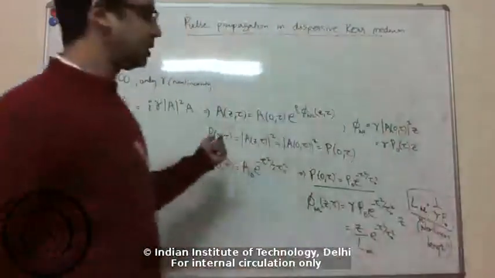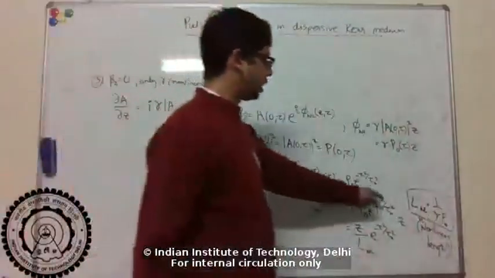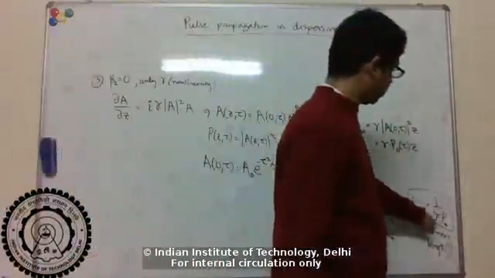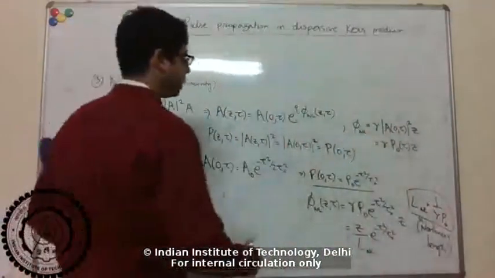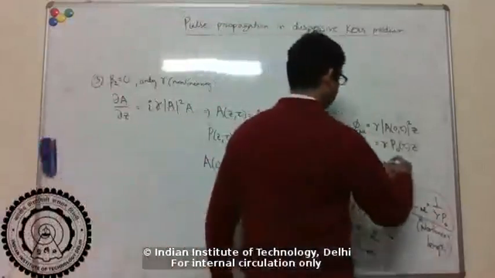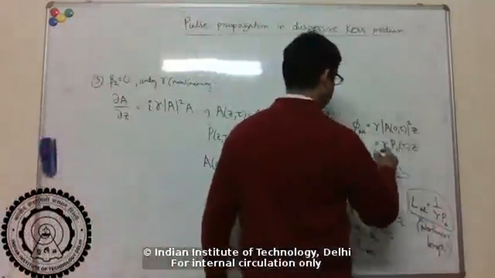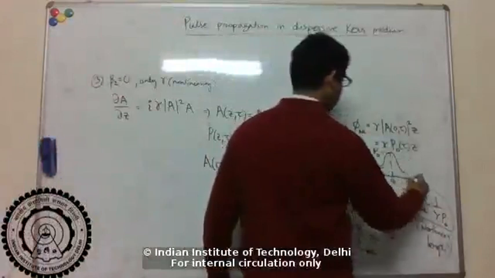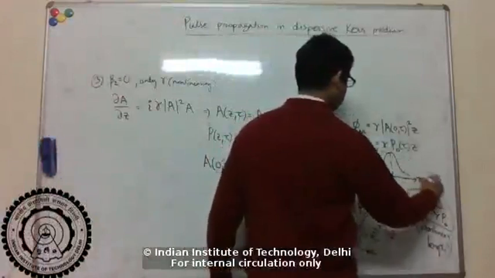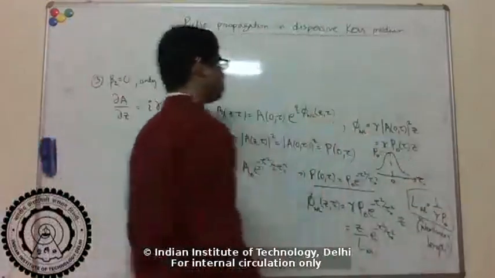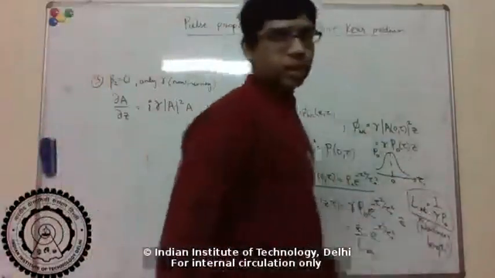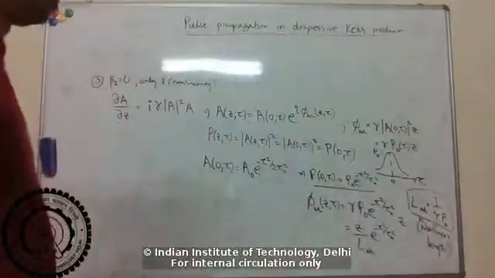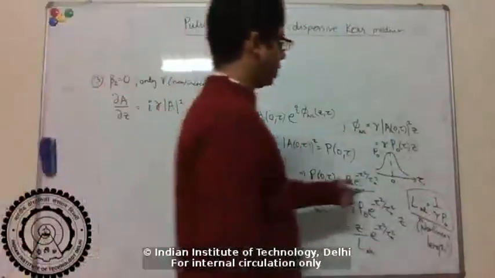Just as we defined a dispersive length, here we are defining a nonlinear length. So it's inversely proportional to the peak power in the pulse. Right, so this is P naught at tau equal to 0, and gamma is the effective nonlinearity in the medium. So it's inversely proportional to gamma P.